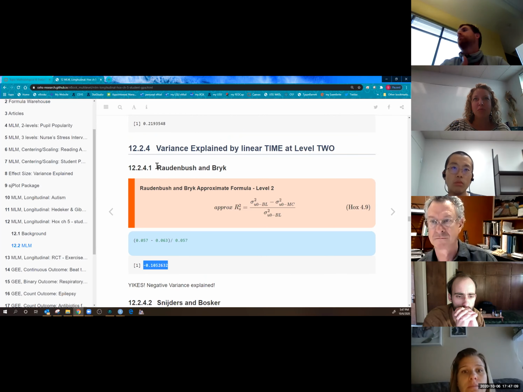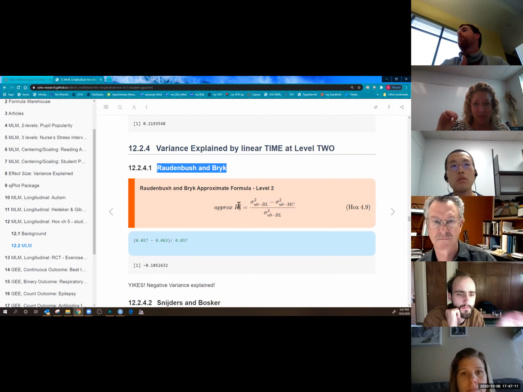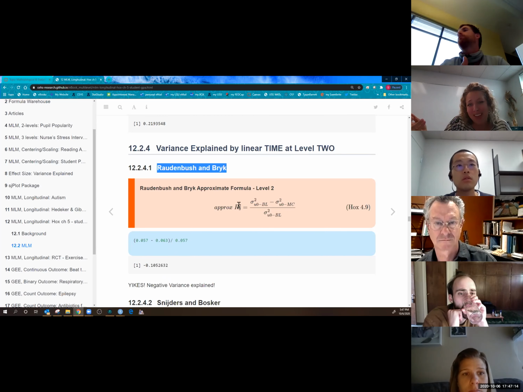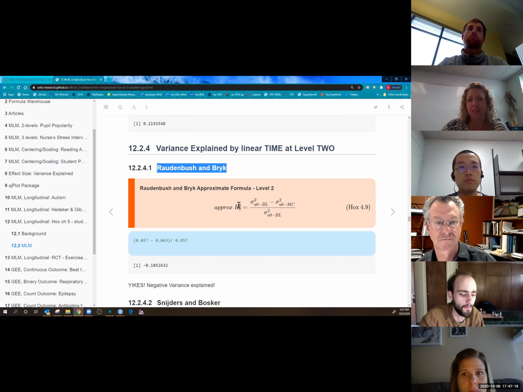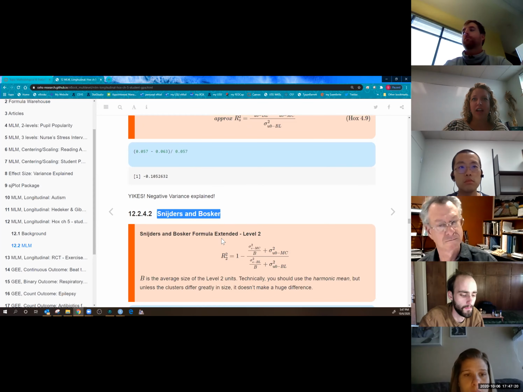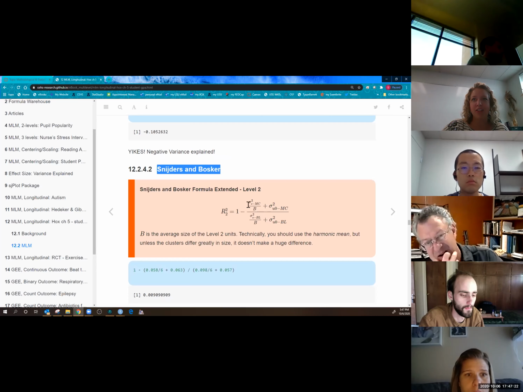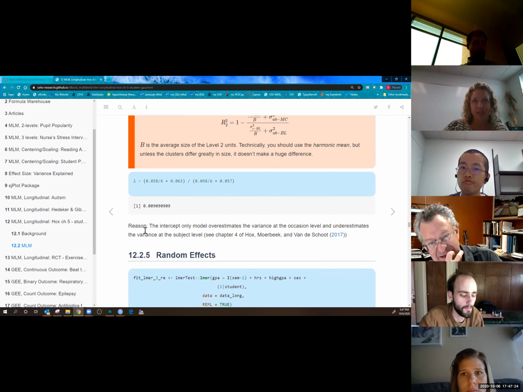So Raudenbush and Bryk were the first ones to develop these R squareds, but they have this kind of side effect of getting negative R squared, which makes no sense. So that's why Snijders and Bosker came up with their other version. That's all I'm going to say on that today.